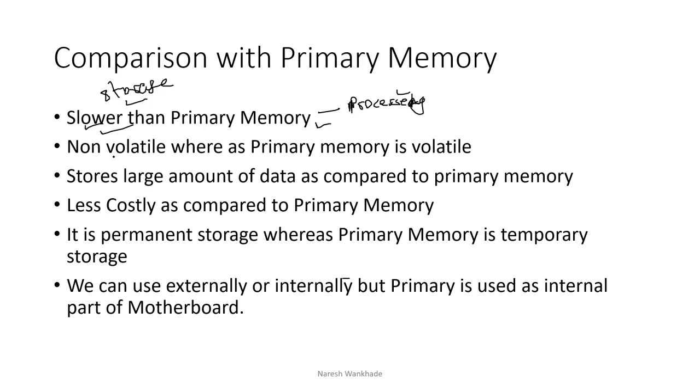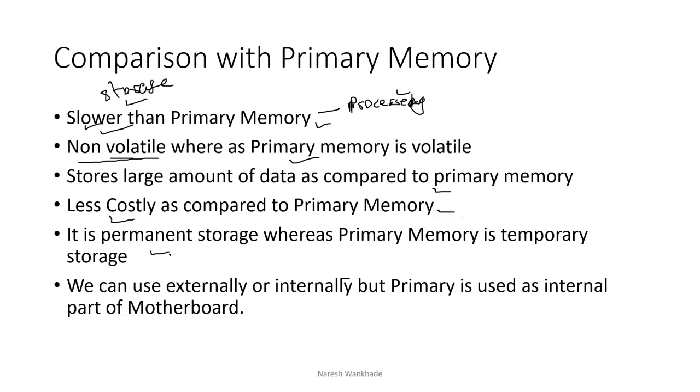This secondary memory is non-volatile, which we just saw in the previous slide, and the primary memory is volatile. This secondary memory stores large amount of data as compared to the primary memory, which we also just saw. This secondary memory is basically less costly as compared to the primary memory.